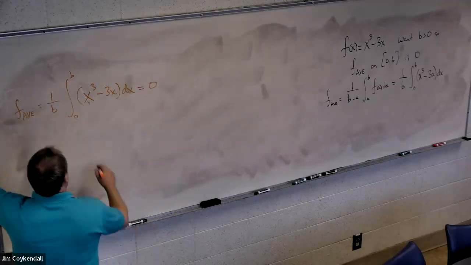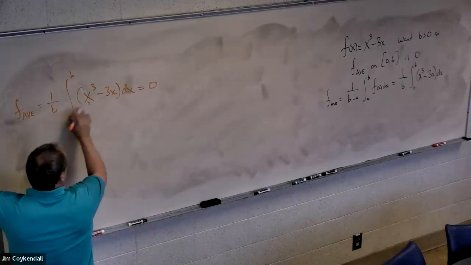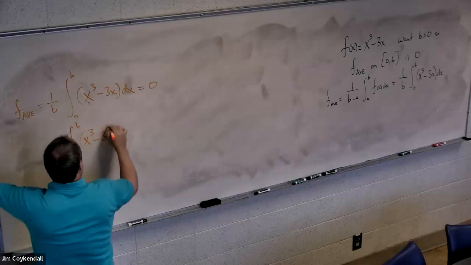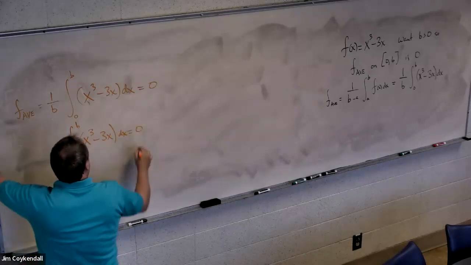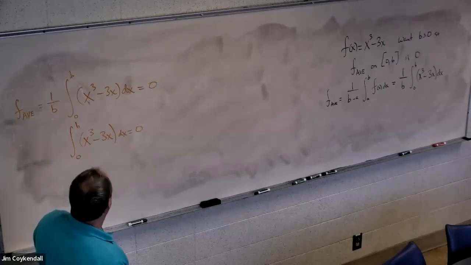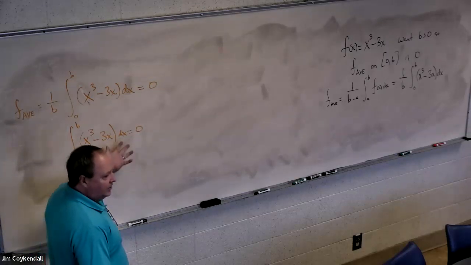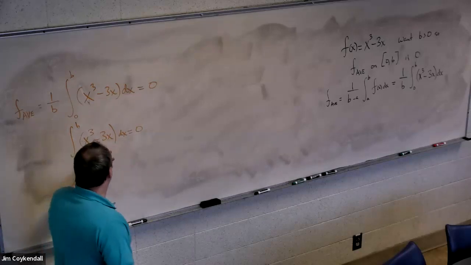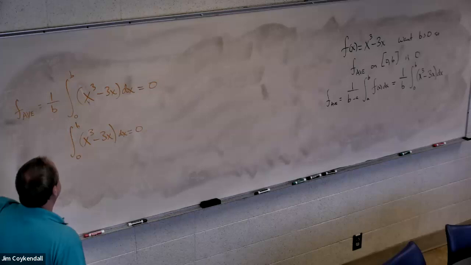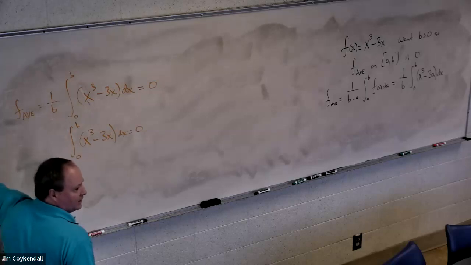Now this means 1 over B is not 0, so this thing. So this gives me an equation, right? So just do this, by the fundamental theorem. What's your favorite antiderivative of x cubed?